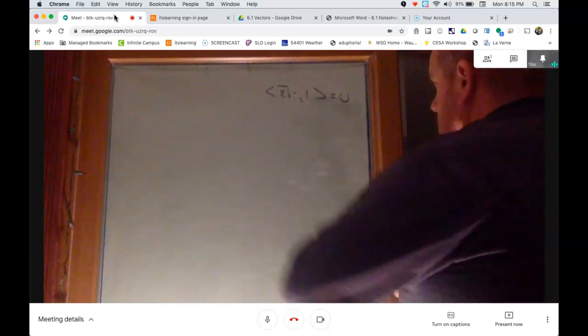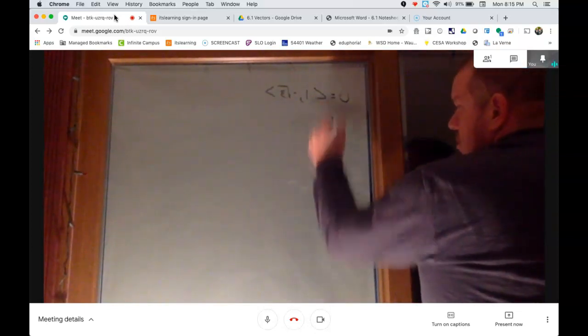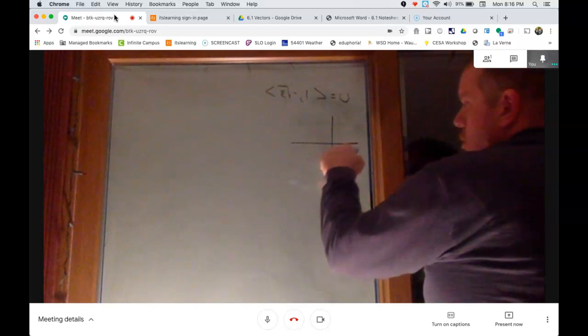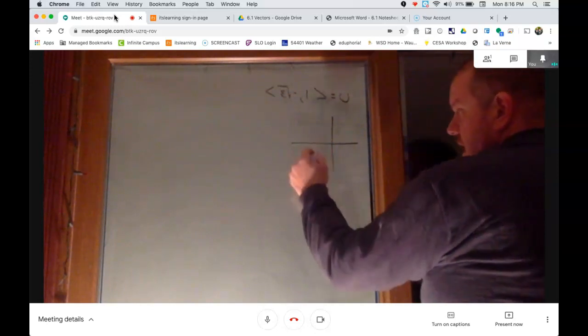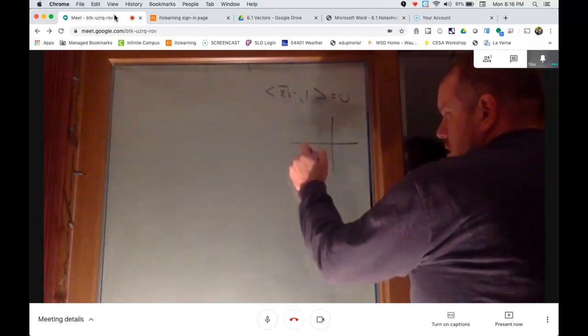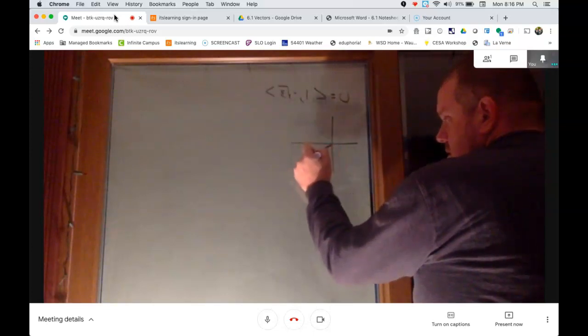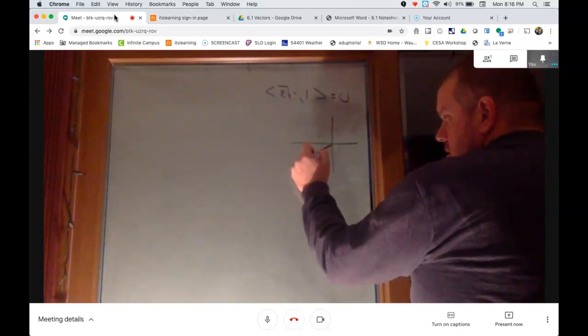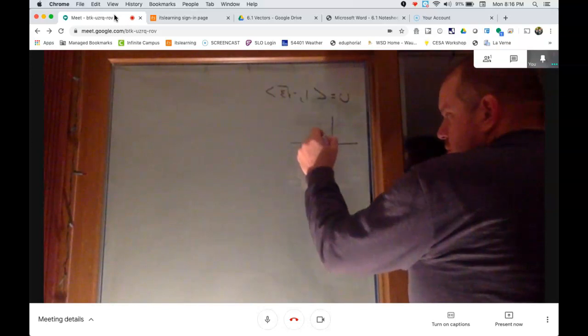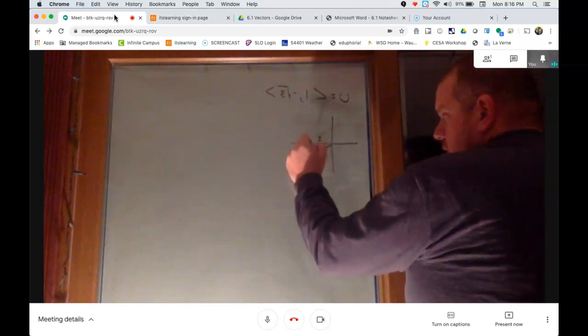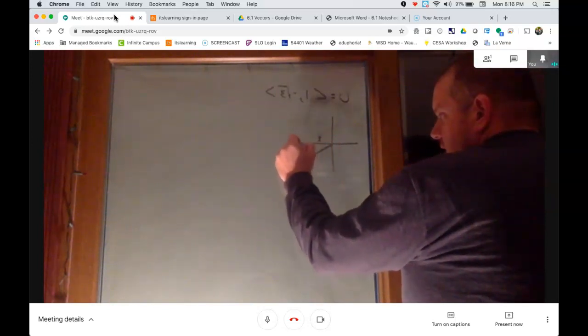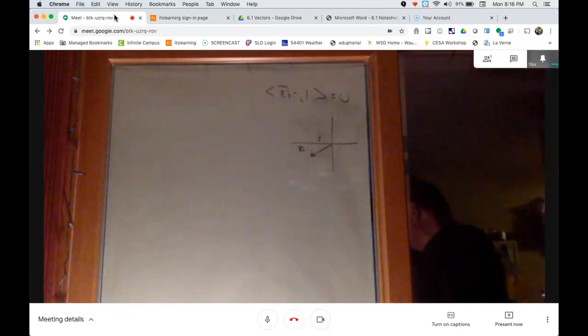Okay? So in thinking about where it is, positive 1, negative square root of 3 would put me down here, where this side would be 1, this side would be negative square root of 3.